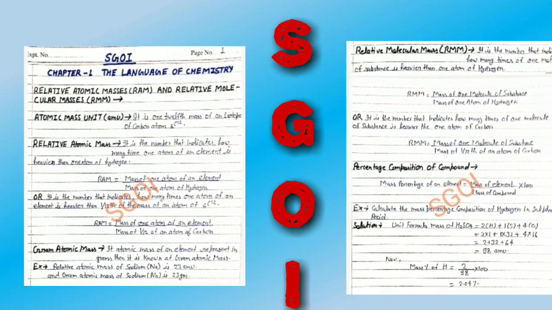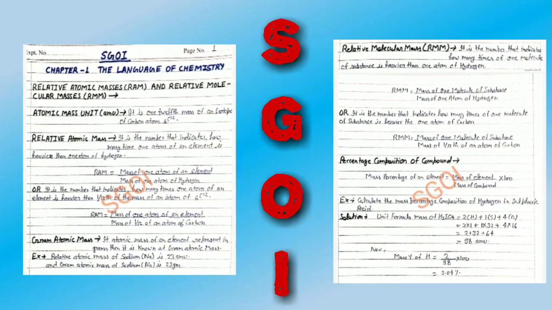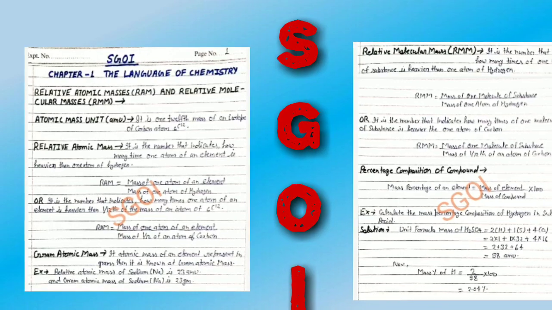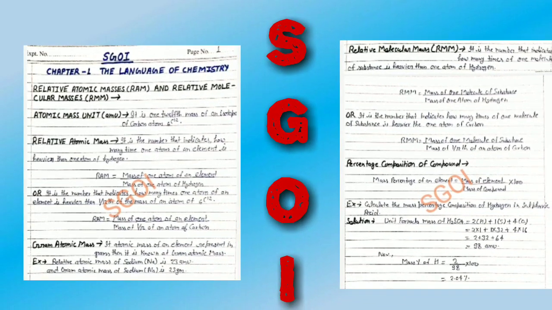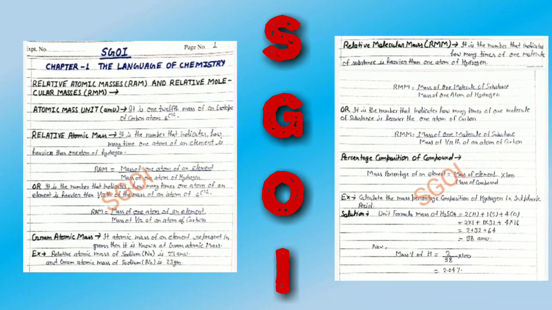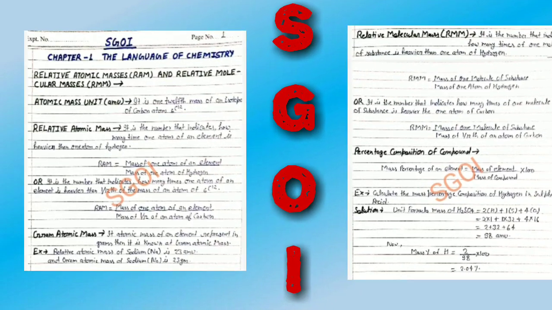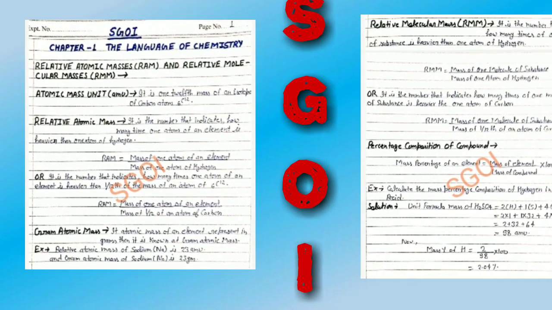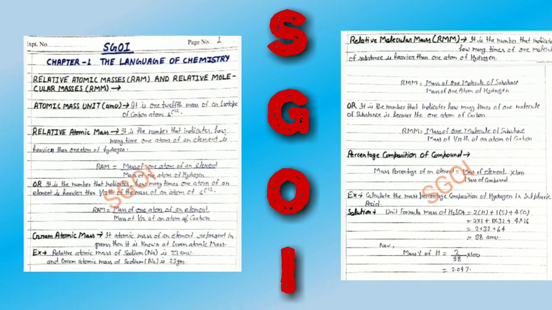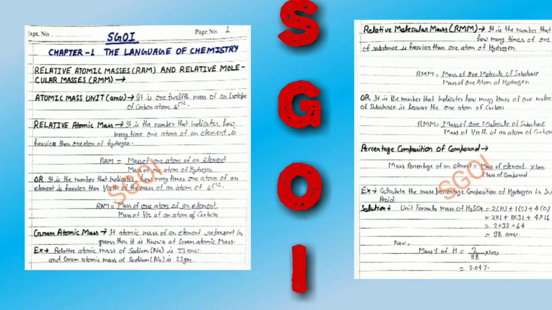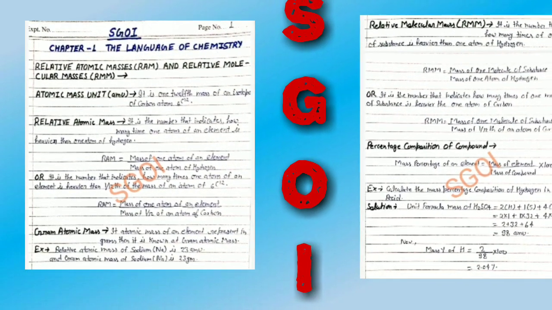It is the 1/12th mass of an isotope of carbon atom, 6C12, meaning the mass of a 6C12 carbon atom divided by 12, that is the atomic mass unit.